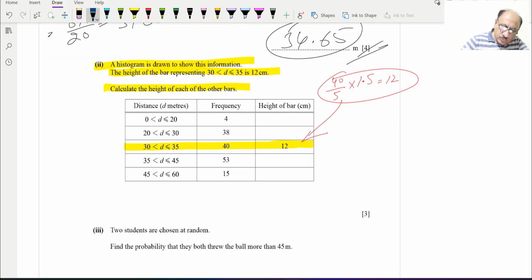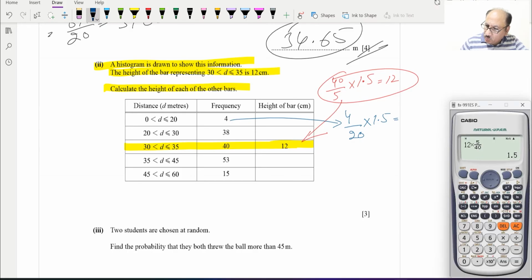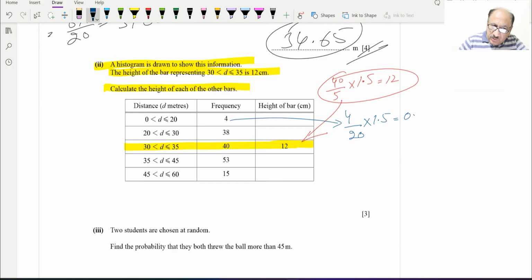I'll change the color so that you can understand. We are calculating this one: 4 over 20, which is the class width, multiplied by 1.5. This 1.5 we have calculated, and I have shown you that calculation also. 4 over 20 multiplied by 1.5 is equal to 0.3. So this will be 0.3, which we can mention over here.